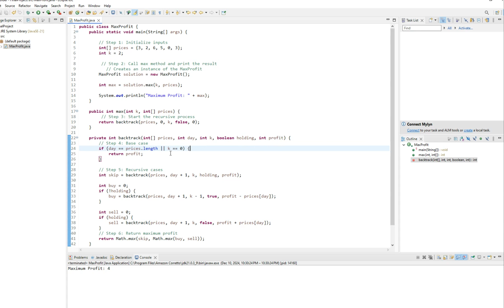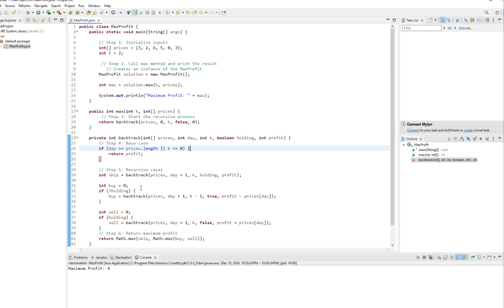So at first we check the state of the node, whether we are finished checking the days, and then we start the recursive cases. So either we skip and pass the price and the next day, adding one to the current day, and we always keep the holding state on skipping, and we check the profit.